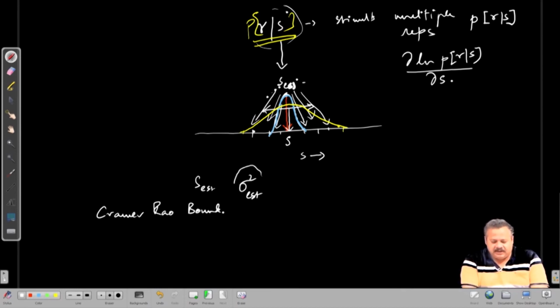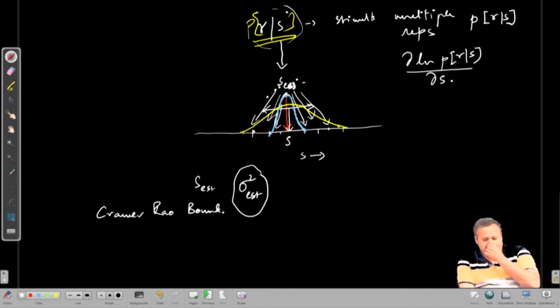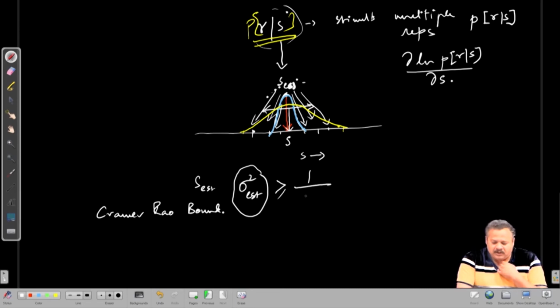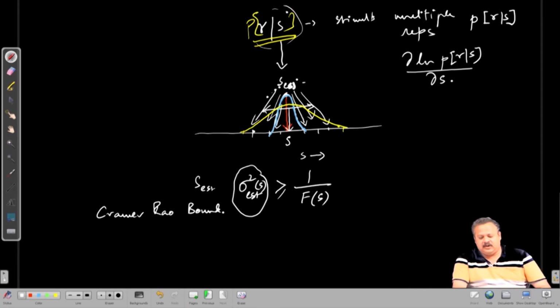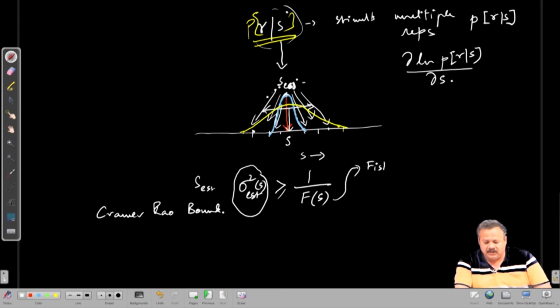That is, this sigma square estimate, the variance in the estimator, is greater than or equal to 1 over F of S. This is also dependent on S, and is called the Fisher information.